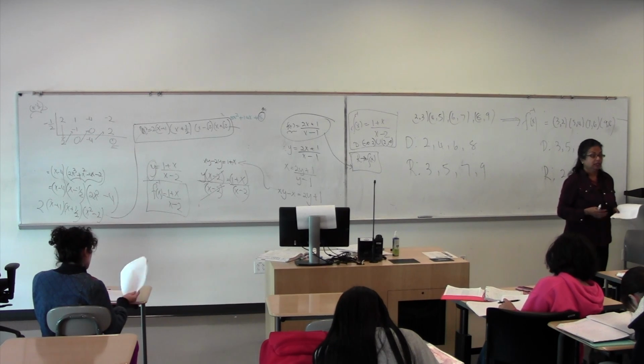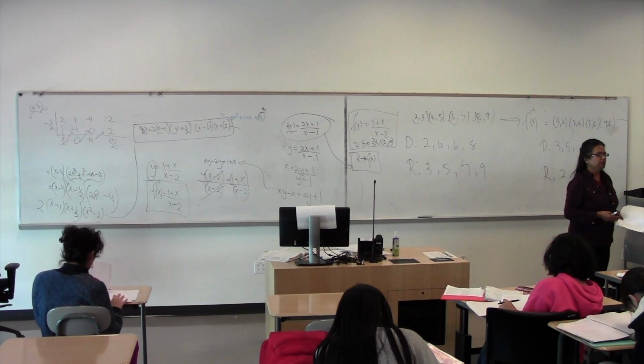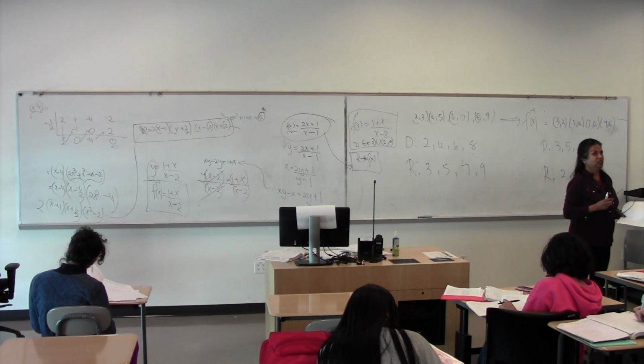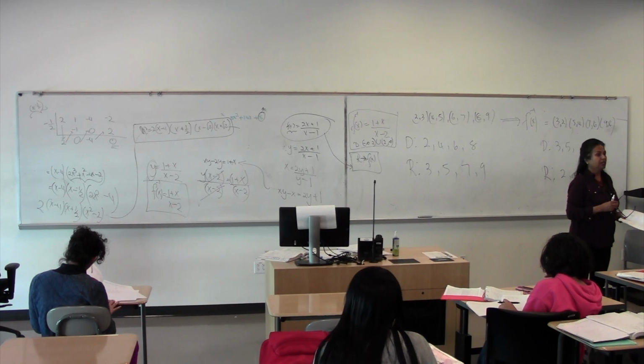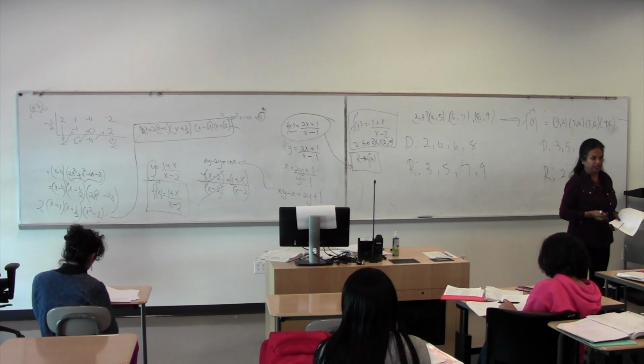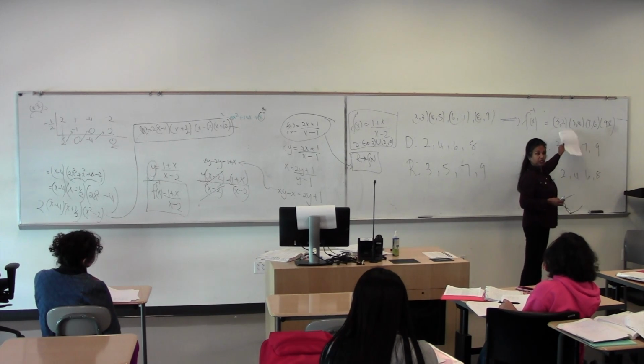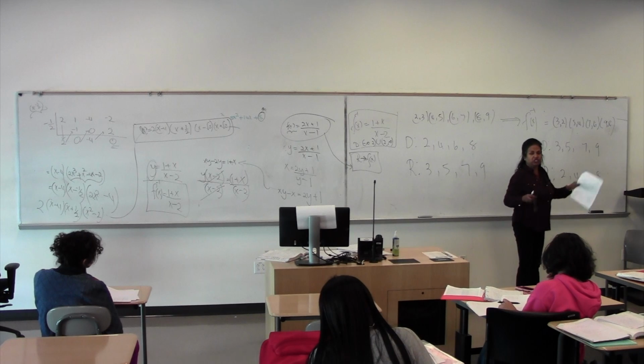What do you have to remember? The domain of f inverse of x is the range of f of x. Because we know that from numbers: domain and range switch.